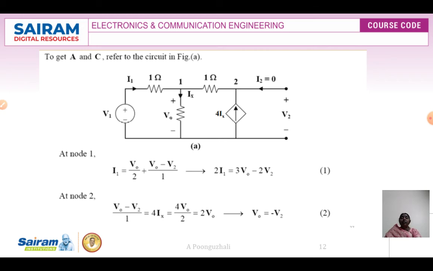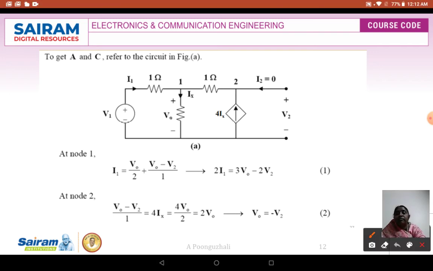At node 1, if I assume, I1 is equal to Ix plus I4, the current there.